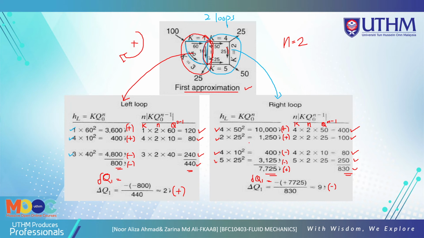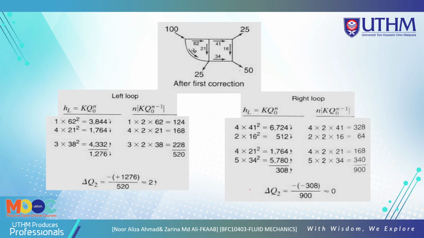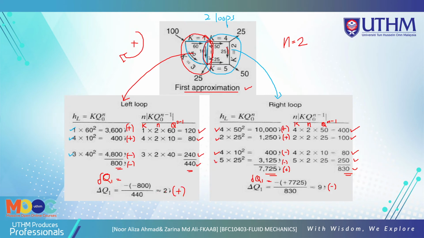After the first assumption, you must use the delta Q from the first correction for the second assumption.